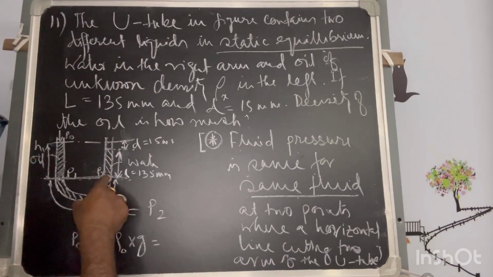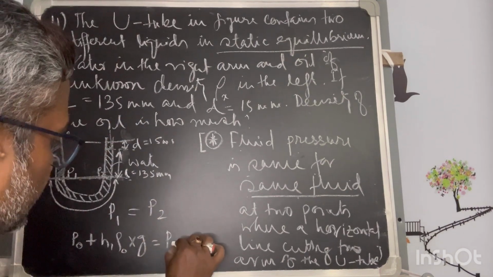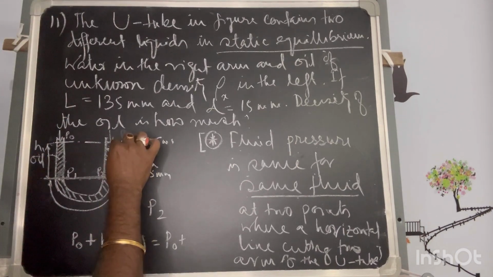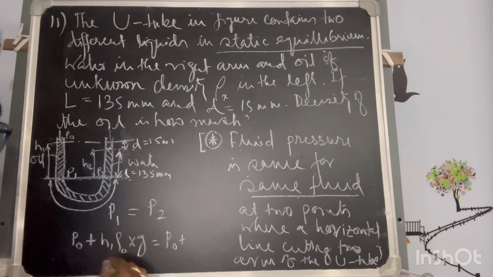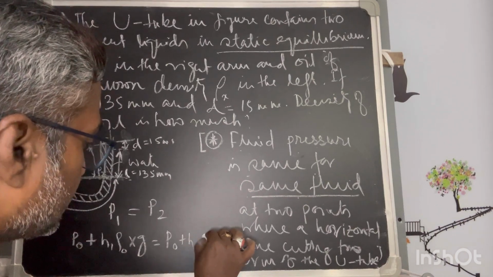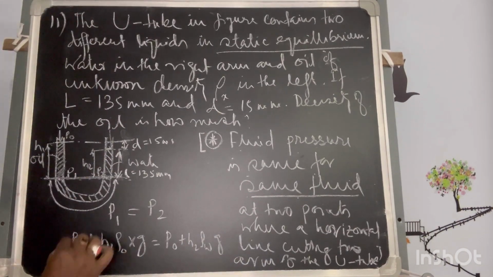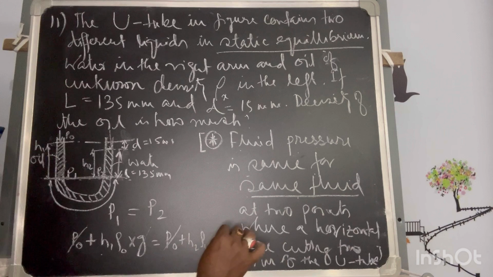What about P2? Now the same atmospheric pressure here on the surface of the water, P0 plus, for it the height is this much, H2, let's say. So H2 into the density of water into G. This will be the equation. Now P0 is not taking part in the calculation, it will cancel.